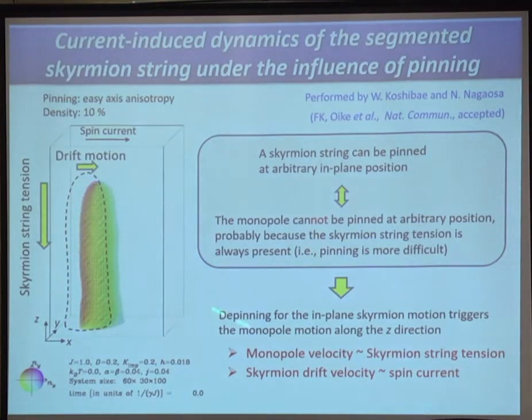As a result, the pinning of the in-plane Skyrmion motion also triggers monopole motion. To a first approximation, the monopole velocity is dominated by the Skyrmion string tension, in other words, metastability, whereas the Skyrmion drift velocity is dominated by the current.